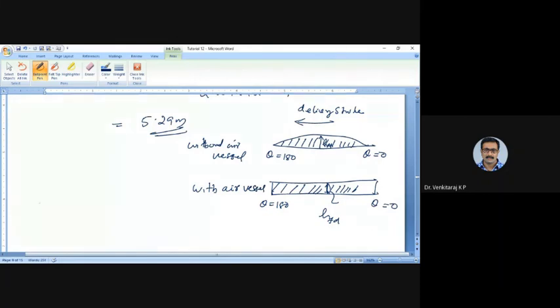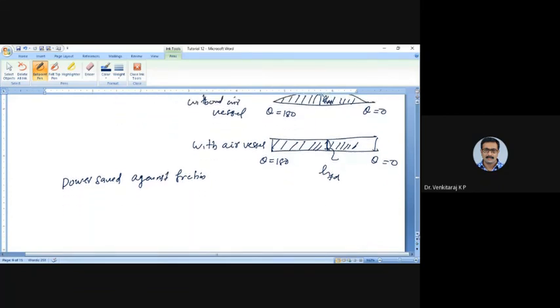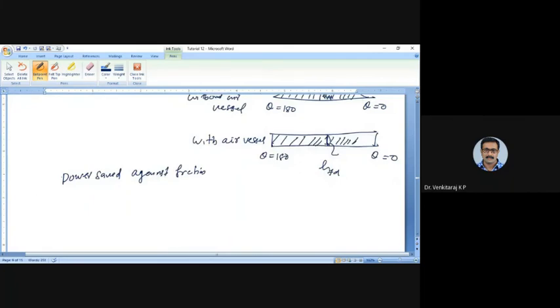So now the power saved against friction by fitting the air vessel.